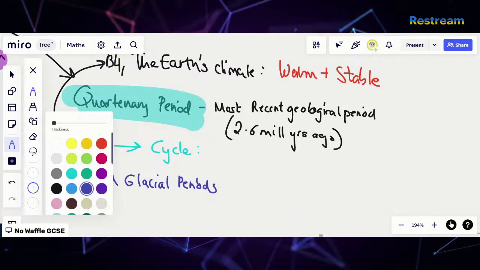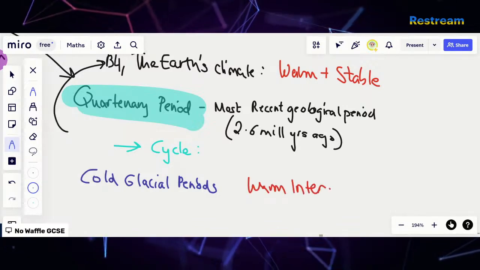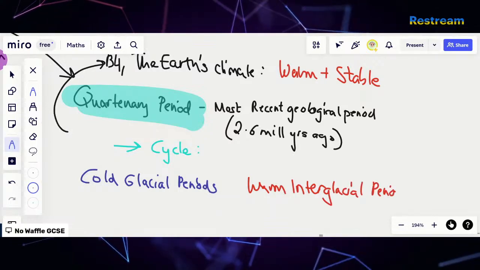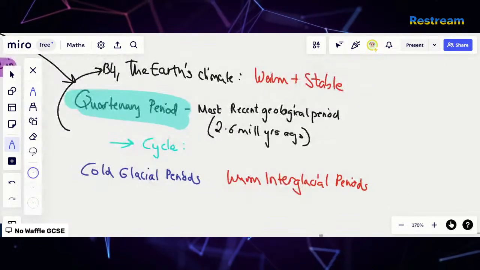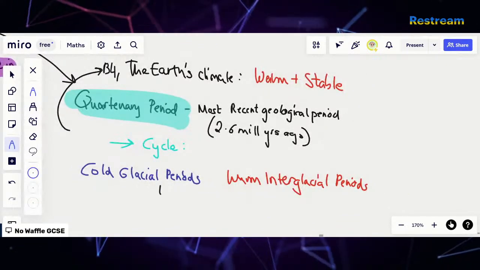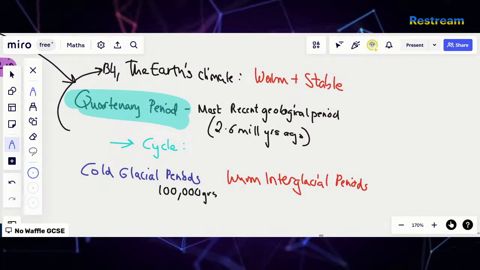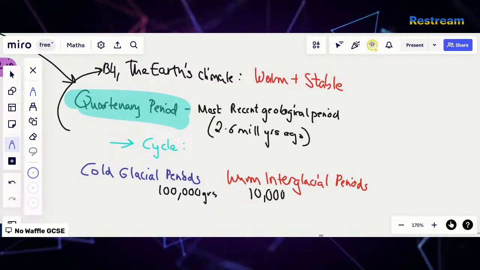And then the second was the warm interglacial periods. Now we know that this Quaternary period was very stable, which just means that the cold glacial periods would always be roughly 100,000 years, and then the warm interglacial periods would always be 10,000 years.